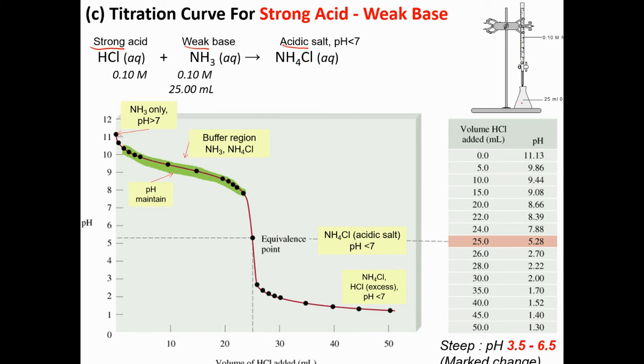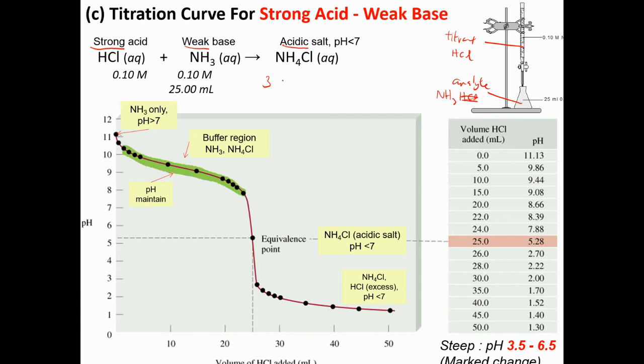Remember, the analyte is weak base, and the titrant is strong acid. Now remember, when we plot the titration curve, there are 3 points.